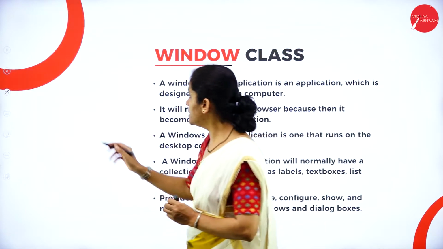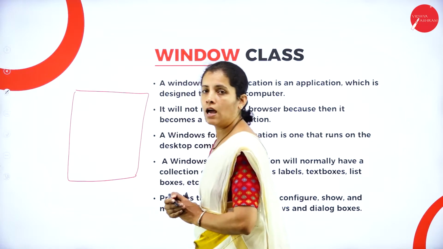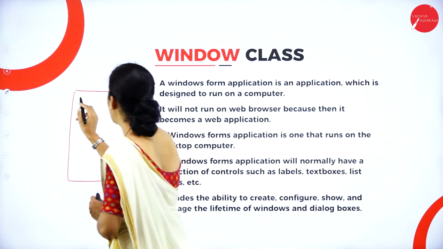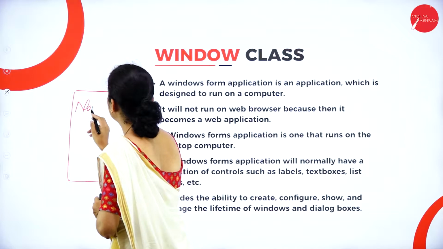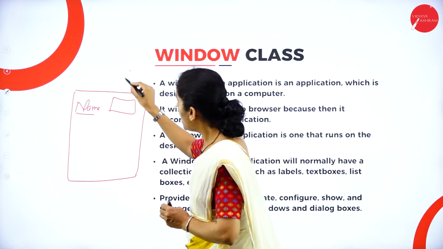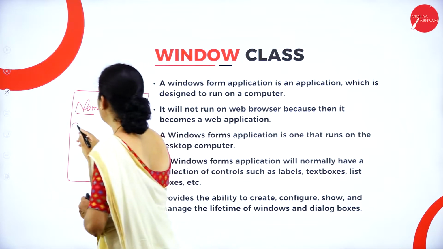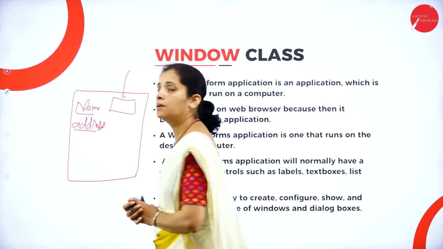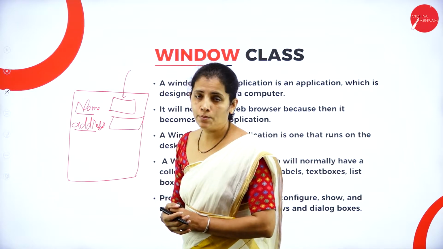Think that this is your examination form. Now this is the electronic examination form. So you have to enter the name. So here name is nothing but the label. Now I'm going to get the text box. Now address, I want to fill the address. So it is once again nothing but the label. Then I'm going to have the text box.